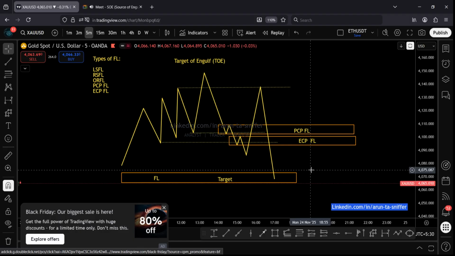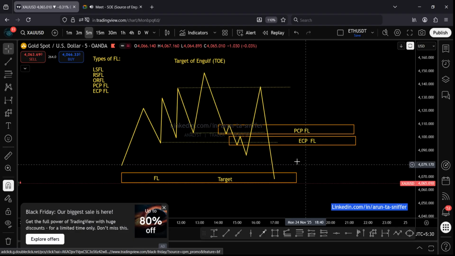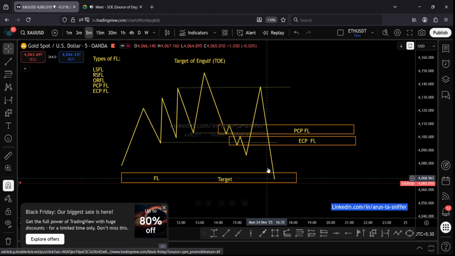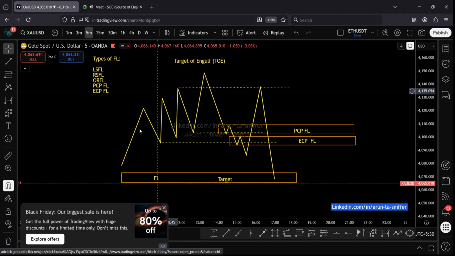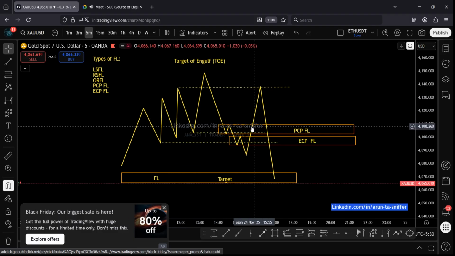So when can we get entry on PCPFL? Yes, you can take the entries here. Price goes up and what you will do, if it is hitting the ECP, you use PA. If it is hitting the PCPFL, then you can either use PA or you can use touch trade as well. For this zone, this is also working like a DP.